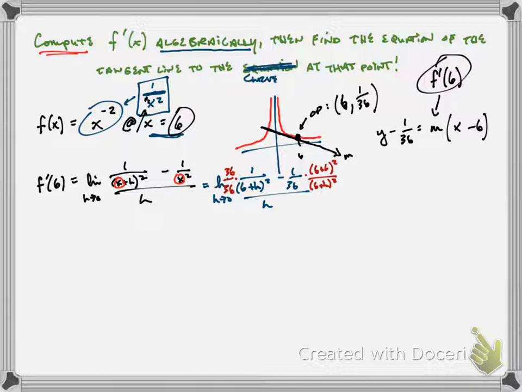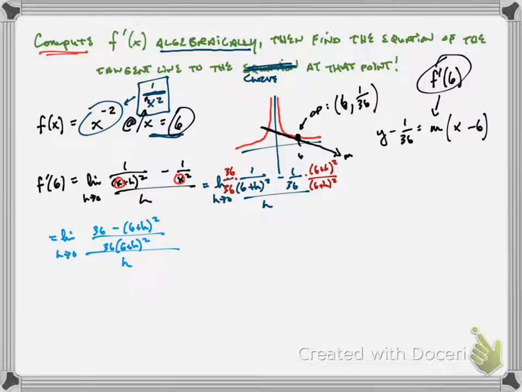So now we've got the limit as h goes to 0 of 36 minus 6 plus h quantity squared over 36 times 6 plus h quantity squared. There's that common denominator that we found on purpose, over h.